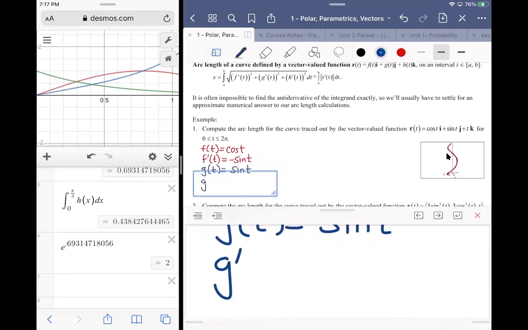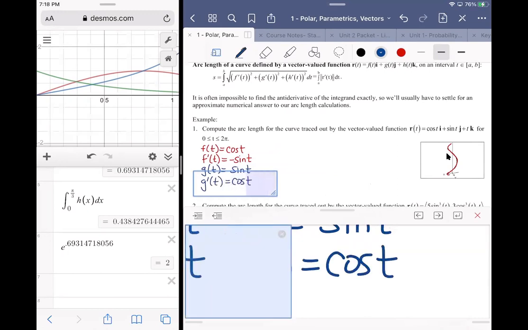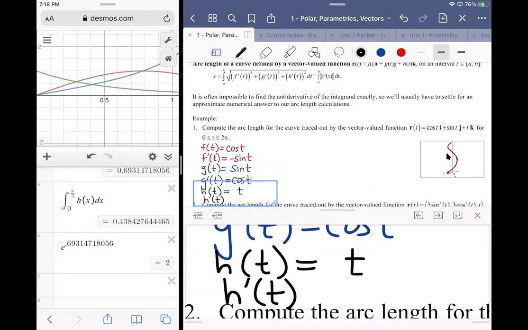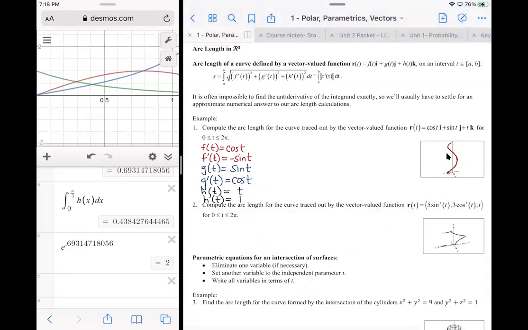G prime of t is cosine of t. And then h of t is just t, which means h prime of t is 1.